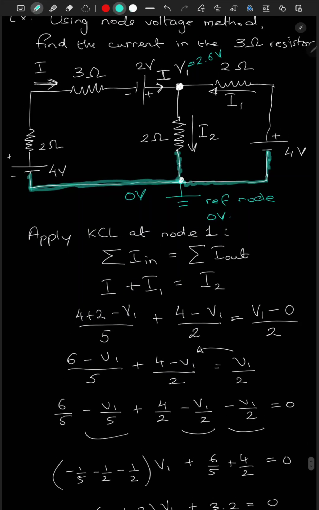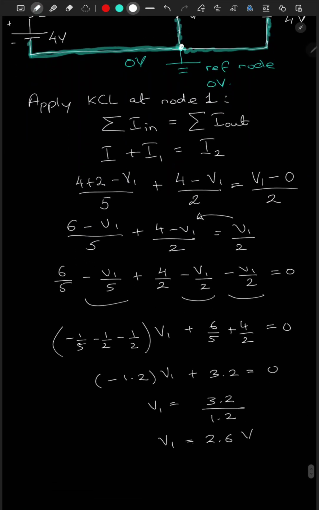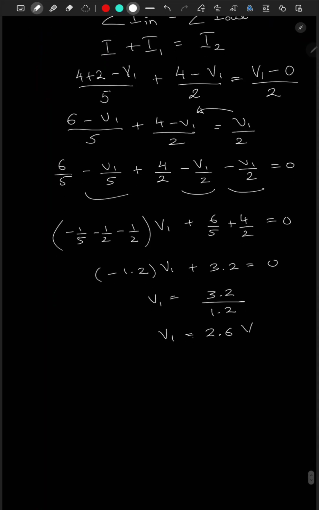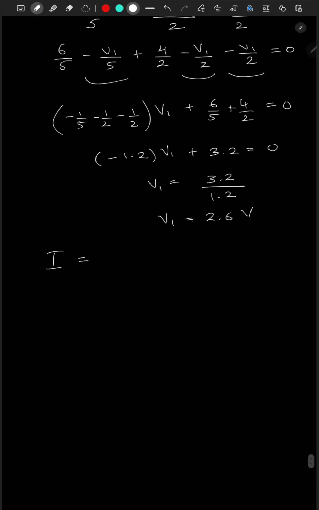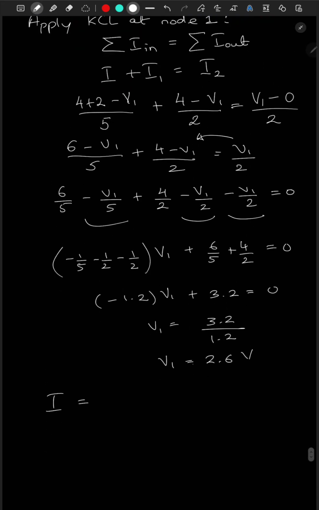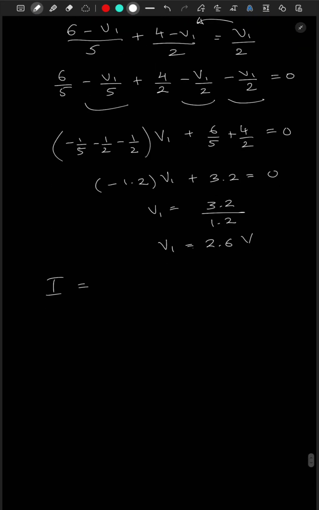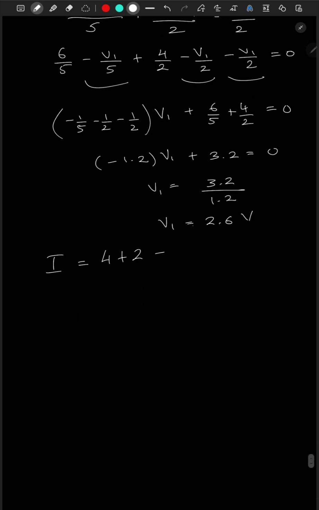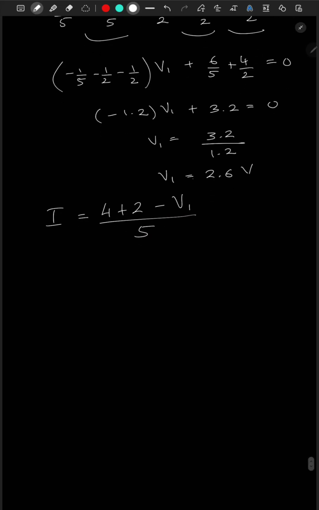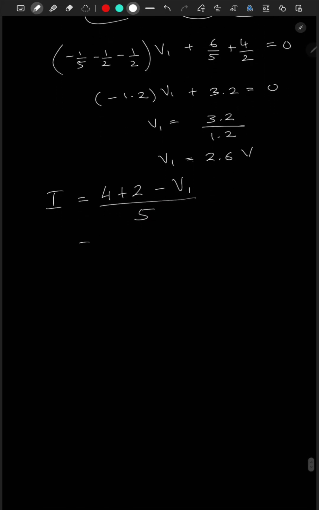Now, to find the current I, we know the equation. I is written in Ohm's law as 4 plus 2 minus V1 divided by 5. So this was in terms of Ohm's law. And V1 we already know.